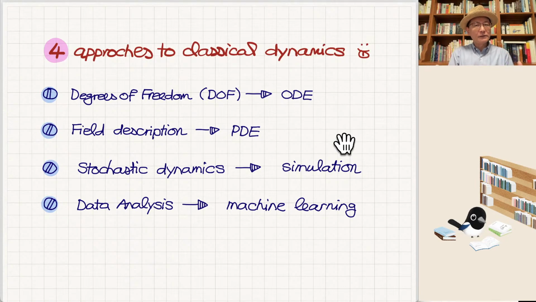In that sense, the open system typically follows a stochastic dynamics. That is, it doesn't seem to have a definite trajectory. Well, that is because you ignore lots of degrees of freedom in the environment.